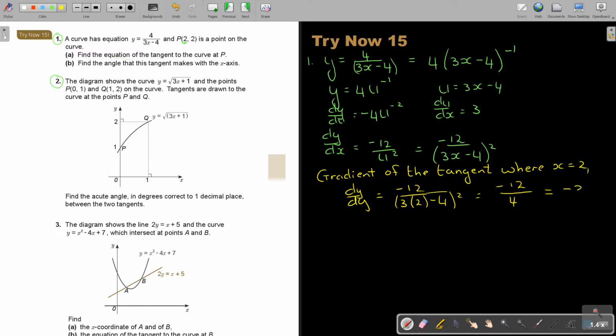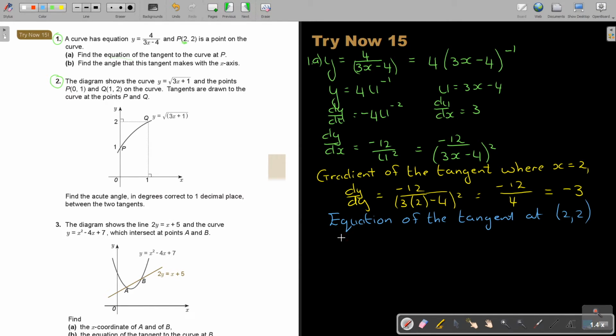Now they want the equation. Remember, I'm busy with number A. So the equation of the tangent at 2.